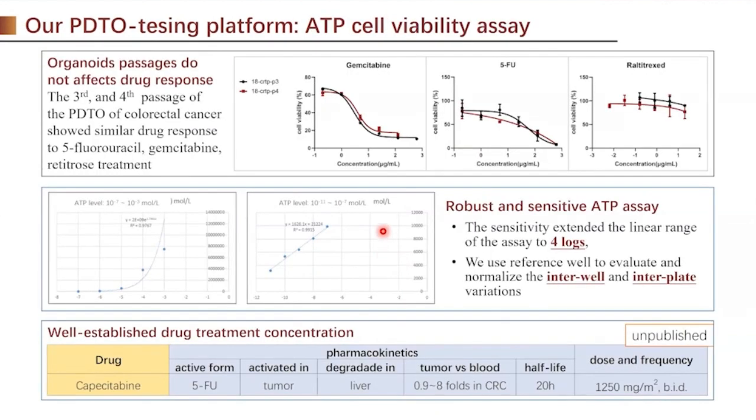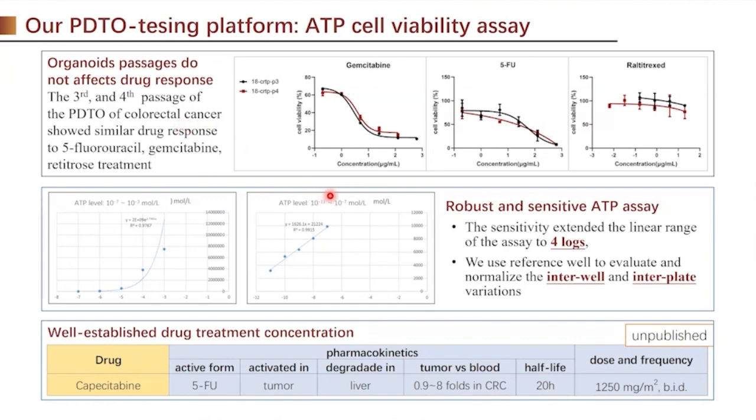We have developed a robust and sensitive ATP cell viability assay. It is robust because the response is stable across different generations. For example, here we present CRC organoids that respond very consistently across the third and fourth generation to a variety of drug exposures, such as 5-FU, gemcitabine, and regorafenib.